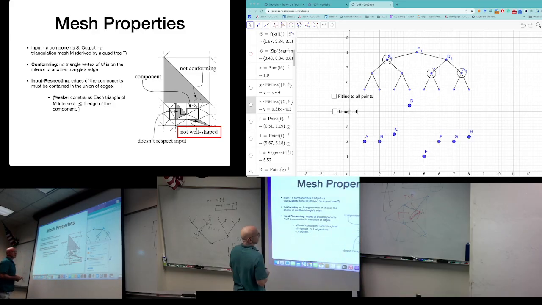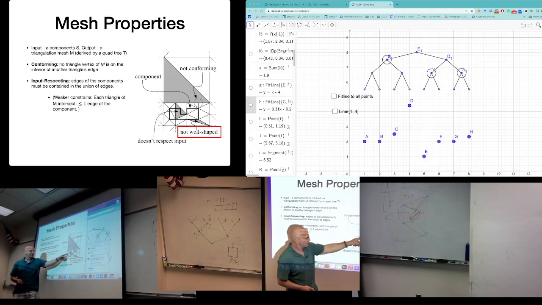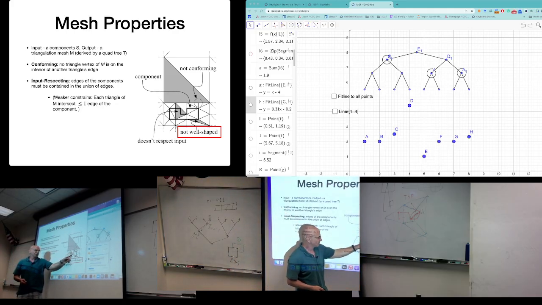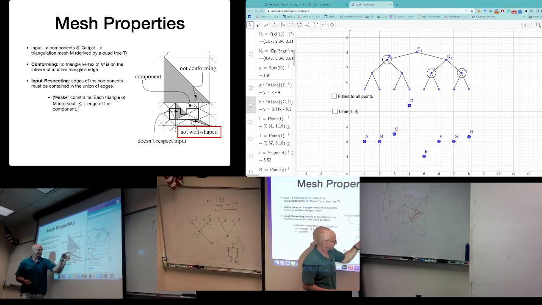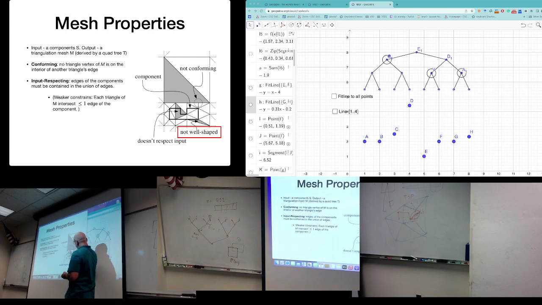Input restricted. In the book, it says that edges of the input component should follow edges of the triangles. They should cover the whole edge. If I'm following the boundary of the shapes, I am following boundaries of triangles as well.